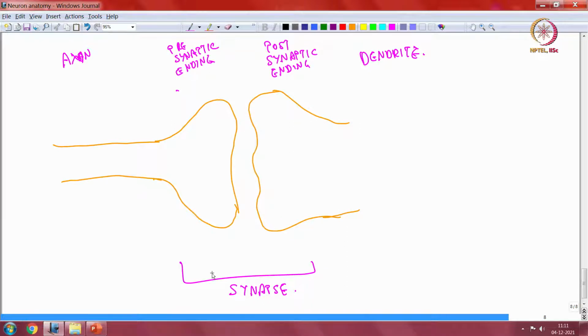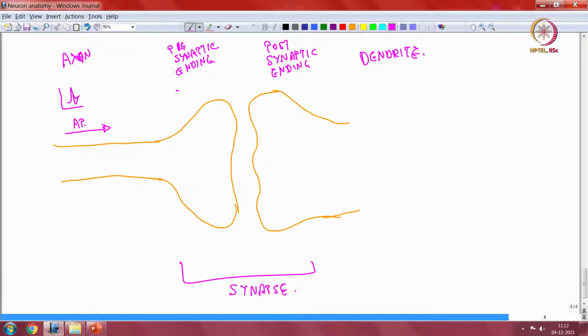What actually happens to an action potential? So, there is an action potential which is coming over here. The action potential is generated within the cell body due to the processing of the neuron, and that action potential is transmitted across.